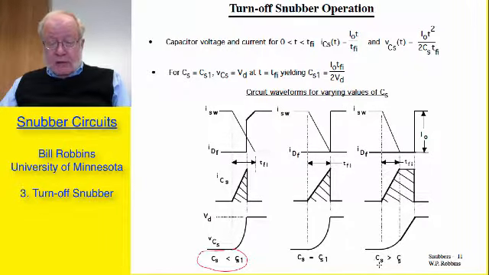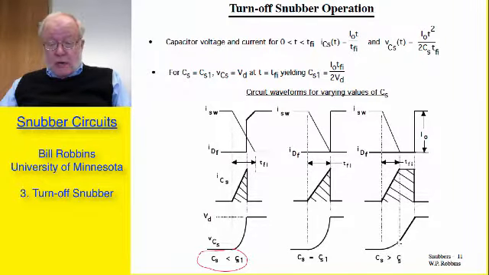If we have a larger value of capacitor than C sub S1, it takes longer for the voltage across the capacitor to build up to the value V sub D, and so the current through the switch builds up to a value I0 and remains at that value until the delayed voltage across the capacitor reaches V sub D, at which time the diode can accept the capacitor current and jumps up to the value I0.